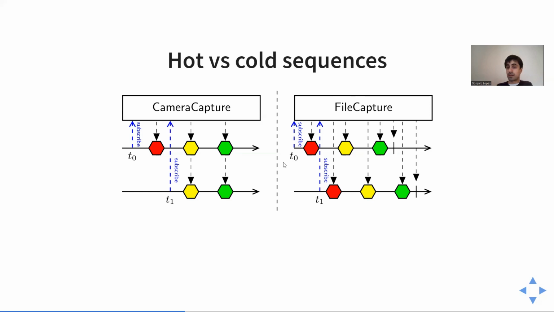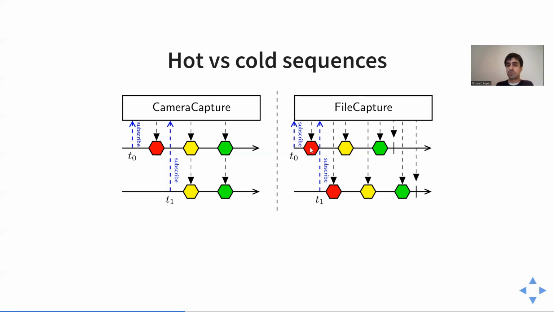Now file capture is a little bit different, because the file is just sitting there. So in a way, it's on demand, waiting for someone to ask for frames. In the first sequence, at T0, subscribing to file capture, the video will be opened and the frames will start to be decoded and data sent to the first sequence. But when the second sequence arrives at T1 and subscribes, file capture will just open the video again and will start serving frames on the video to the second observer from the beginning.